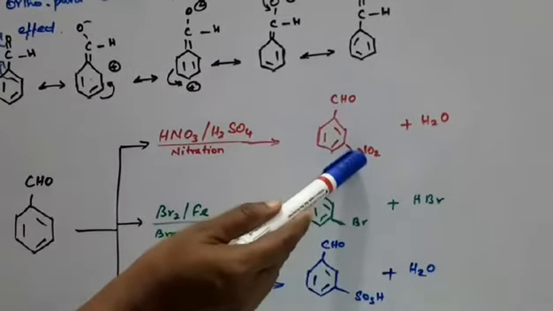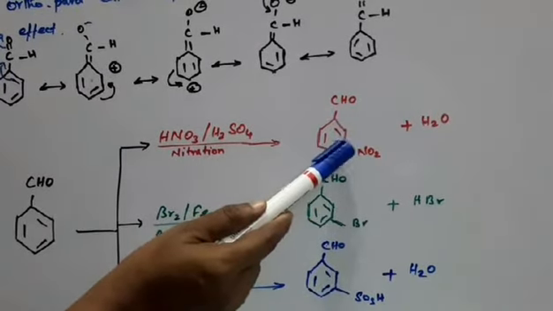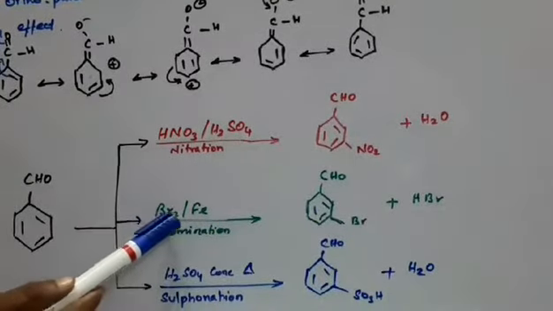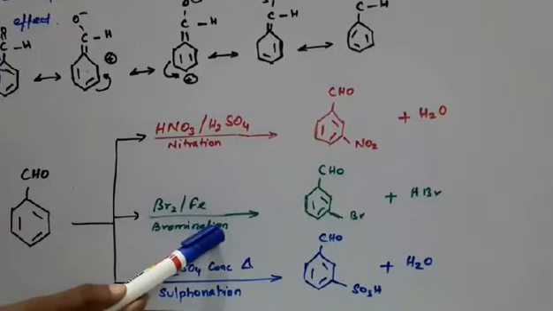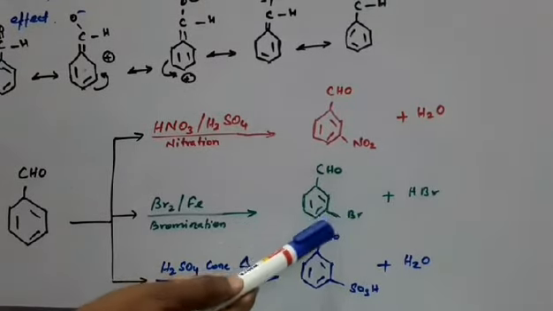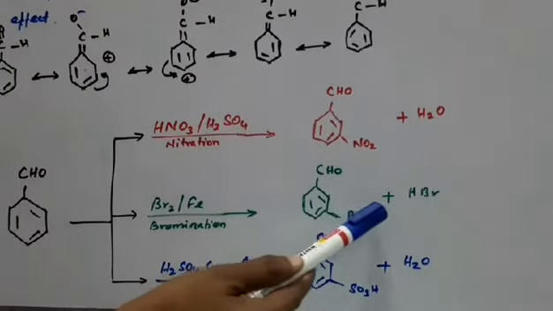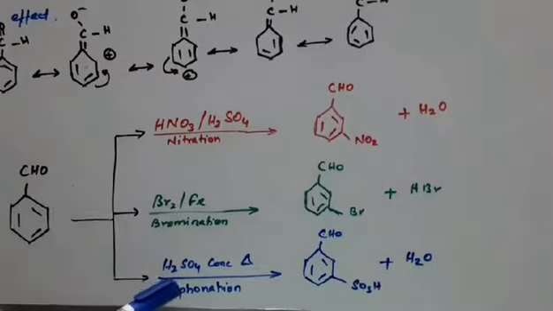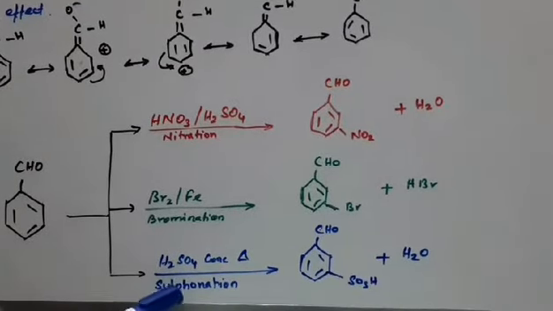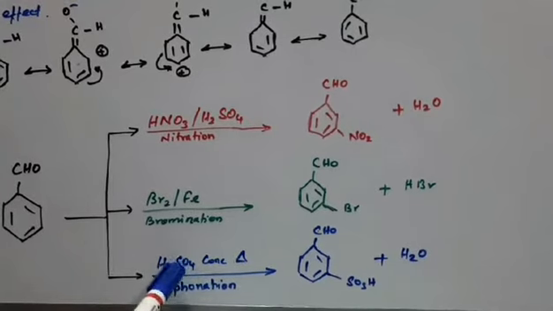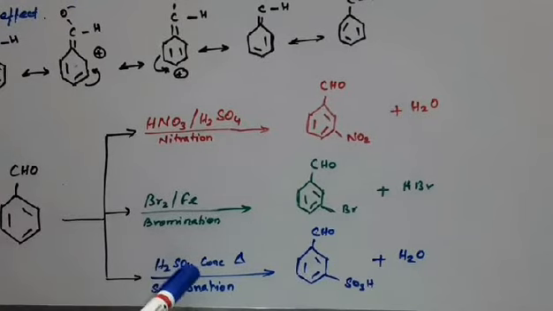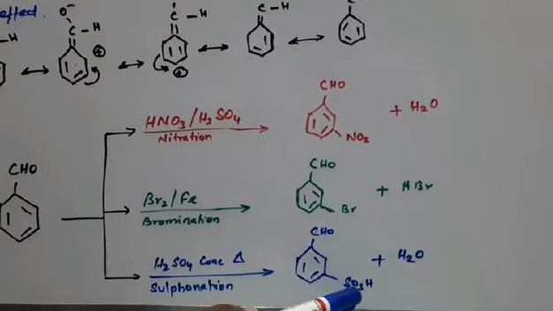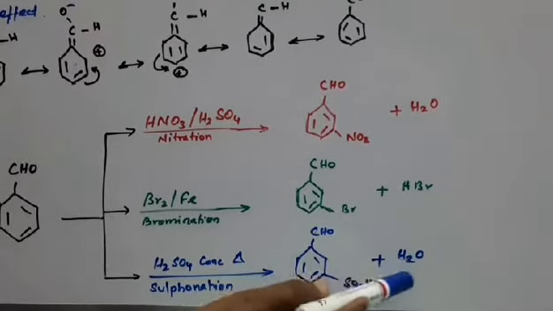This NO2 electrophile attacks the meta carbon atom. Then, the same thing with bromine and iron, the bromination reaction takes place at the meta position of the carbonyl group, with elimination of HBr. And the same thing with conc. H2SO4, the sulfonation reaction, where SO3H is the electrophile, directs to the meta position, with elimination of H2O.